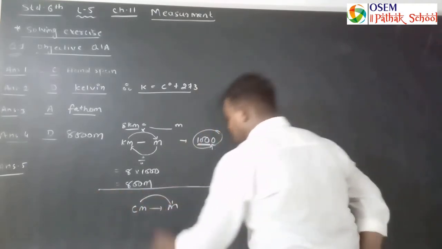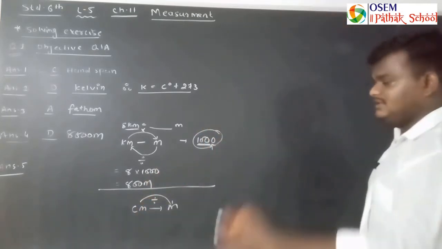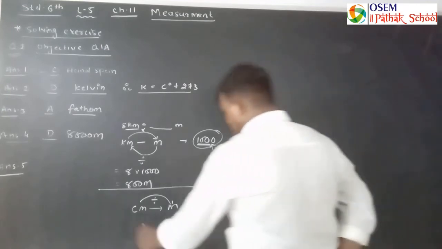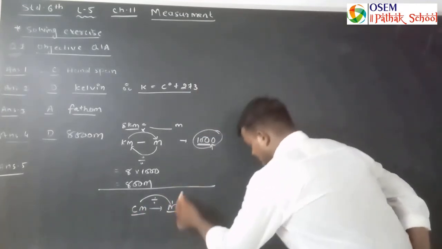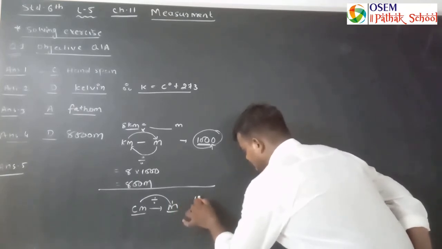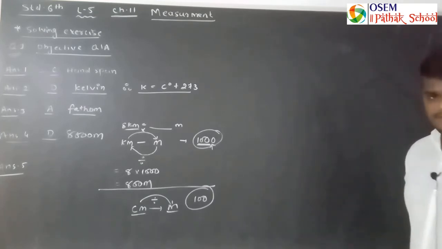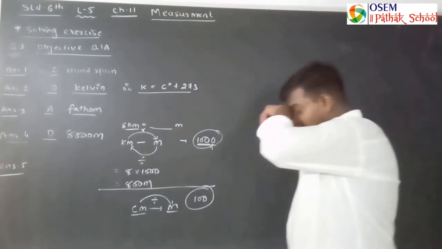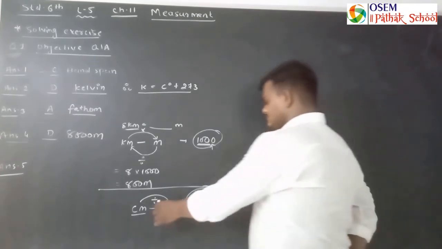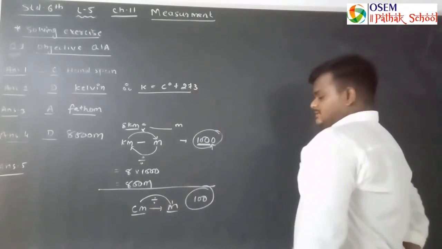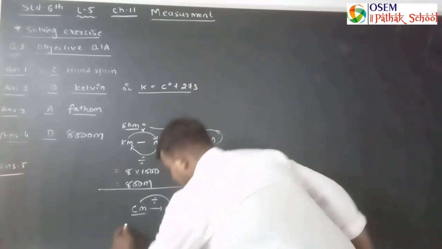From smaller to bigger we have to divide by a constant. The relation between centimeter and meter is defined by 100: 100 centimeter is equal to 1 meter. So here we have to divide by 100. 350 centimeter is given.